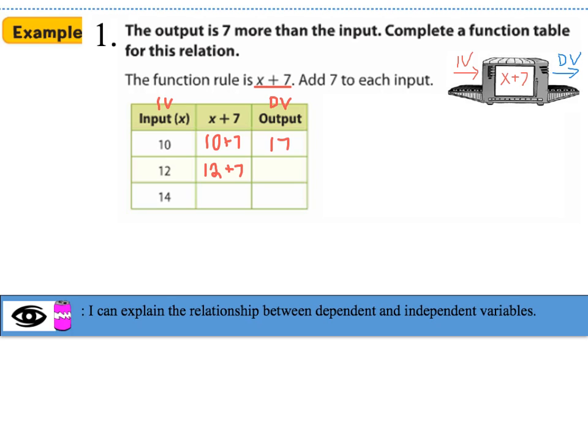The output number becomes 19. Notice the output number 19 is depending on the number 12. Then I'm going to take the number 14, that's the input, place it into the machine, add 7 to that. The output number becomes 21. Notice the output number 21 depended on the 14.